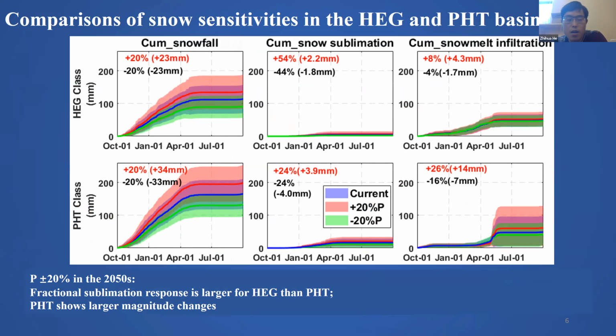So we can see that even the direction of change in the slope is the same in these two classes, but the magnitude differs a lot. For example, the PhD class showed a much larger magnitude of change in snow sublimation and snowmelt infiltration.